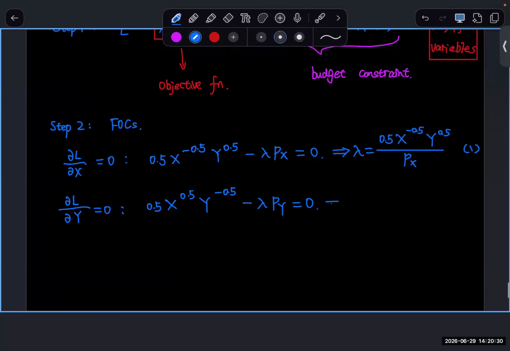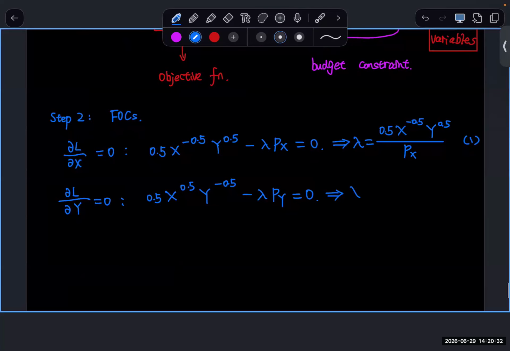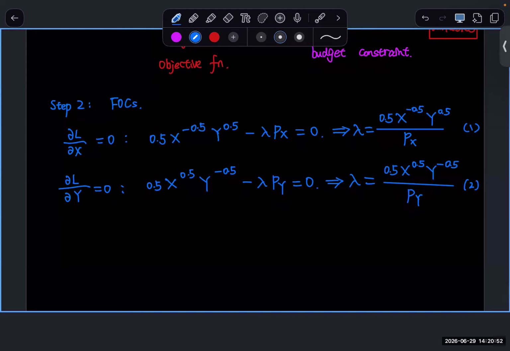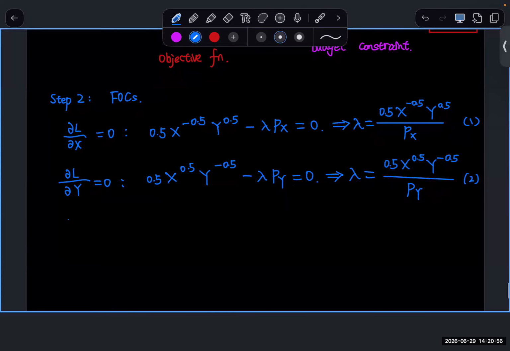And then here we rearrange, we'll get lambda equals half x to the power half, y to the power negative half, over py. Okay, this is going to be our second equation that we use to solve. Next one, FOC for lambda.